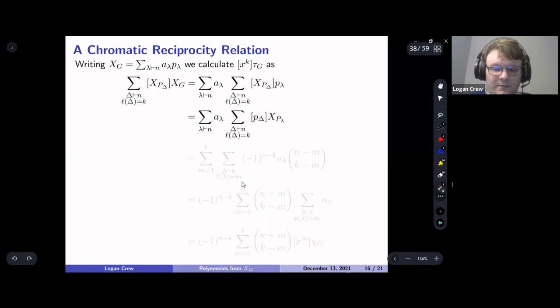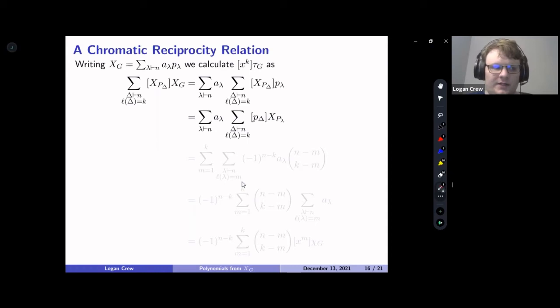As we said before, these functions have an involutive relationship. That coefficient is the same as if we look at the coefficient of p_delta in X_{P_lambda}. Now that we're doing that, well, let's remember, P_lambda is a disjoint union of length of lambda paths.